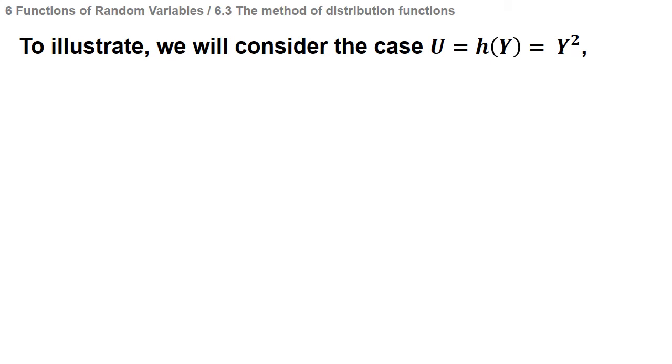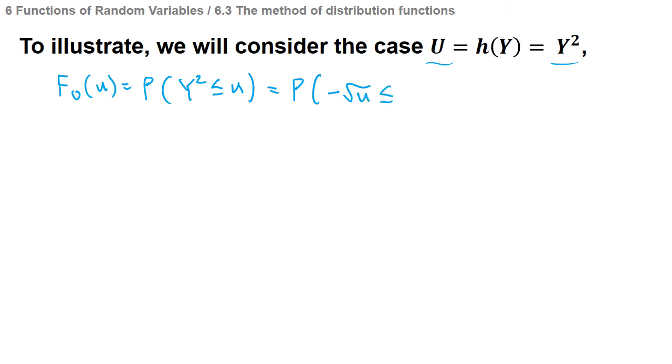To illustrate the summary, we will consider the case U = Y squared. To calculate F_U(u), which is the probability that Y squared is less than or equal to u, we can write this as the probability that minus square root of u is less than or equal to Y and Y is less than or equal to square root of u.